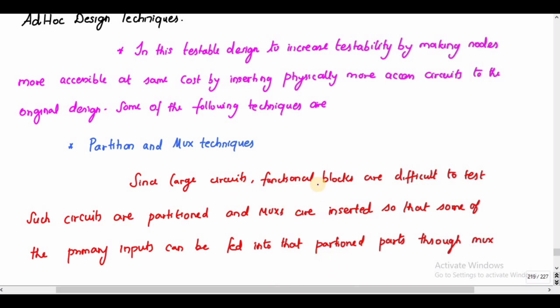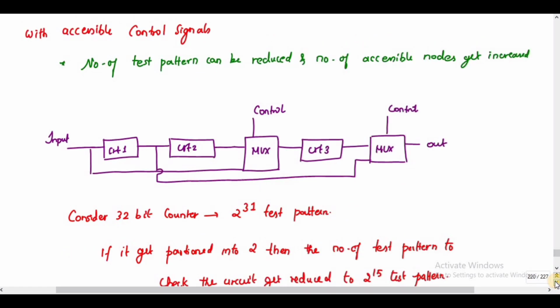This ad hoc technique has the drawback that it can be used for smaller circuits only. The mux is controlled by control signals. By using this technique, the number of test patterns can be reduced, but the number of accessible nodes increases. That is our ultimate aim.